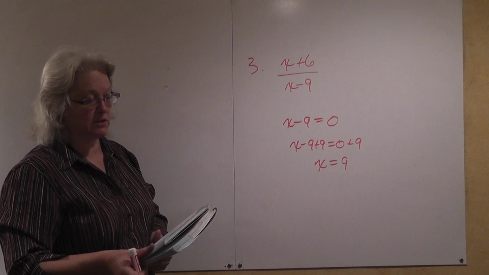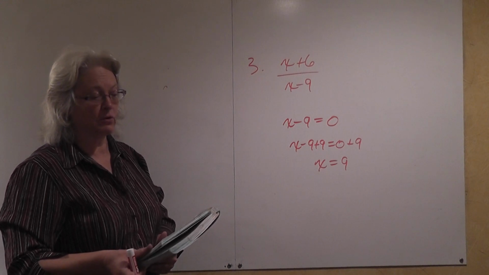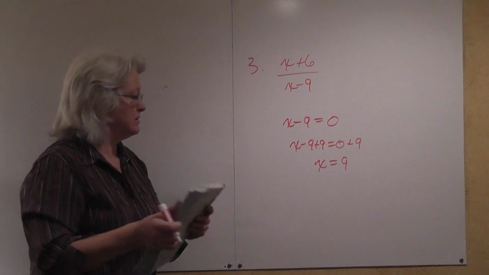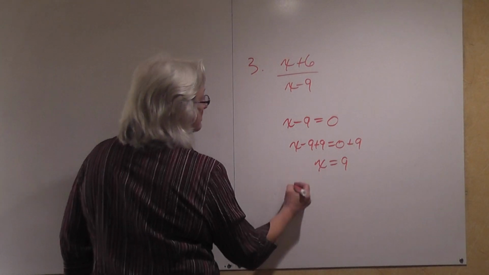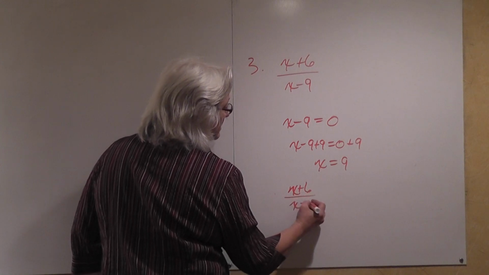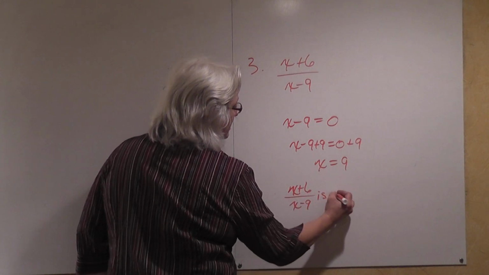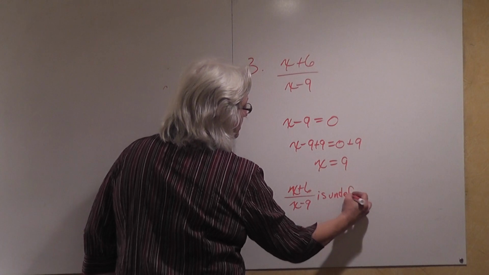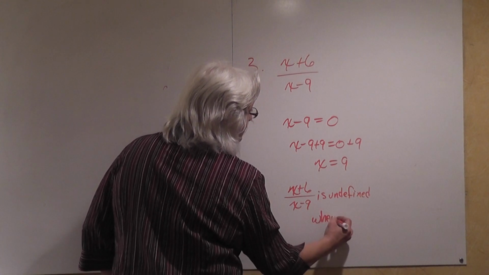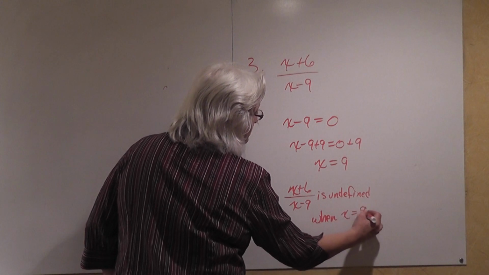So when it says determine when the other 4 expressions are undefined, you would say that x plus 6 divided by x minus 9 is undefined when x equals 9.